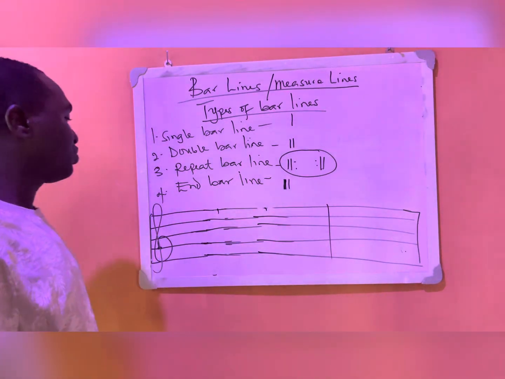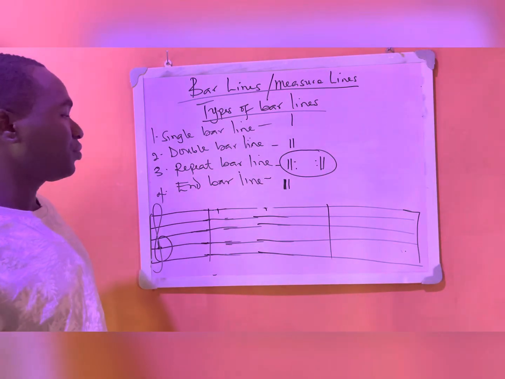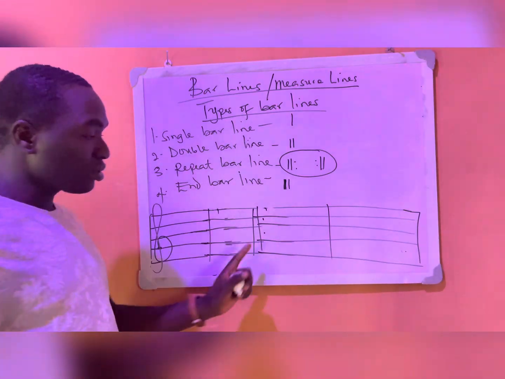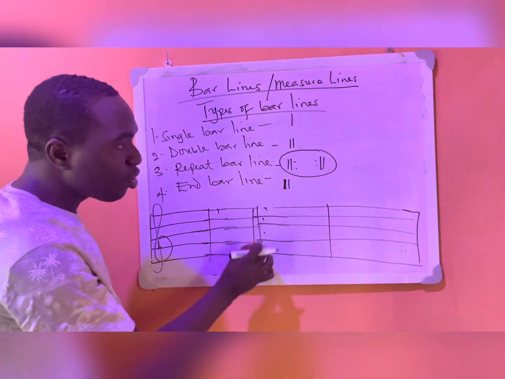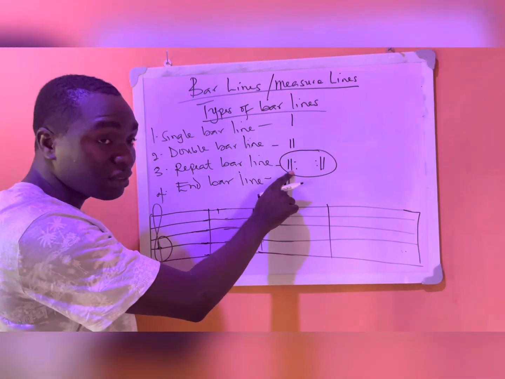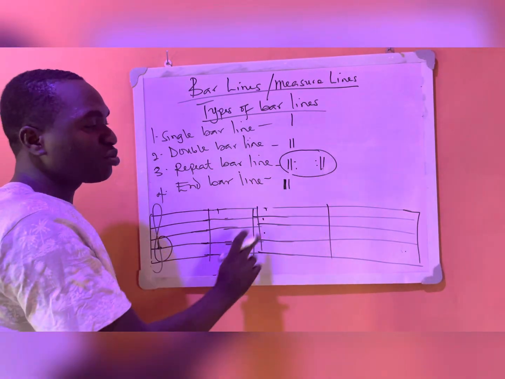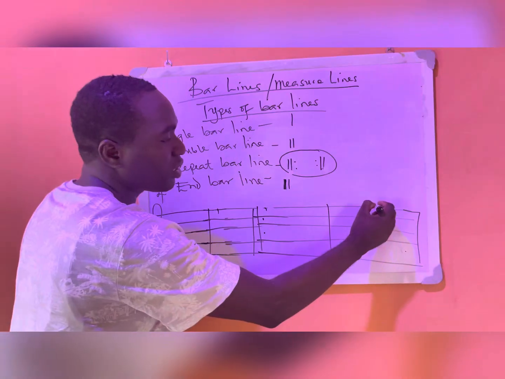Take for example, maybe this is a piece of music. Here we have a double bar line with 2 dots at the back. Whenever you see this occurring, always look out for this, because it must be true. Maybe finally you come here and see something like this.